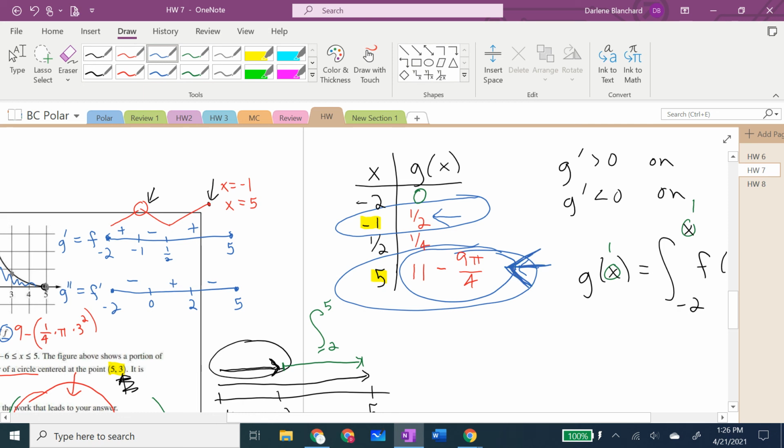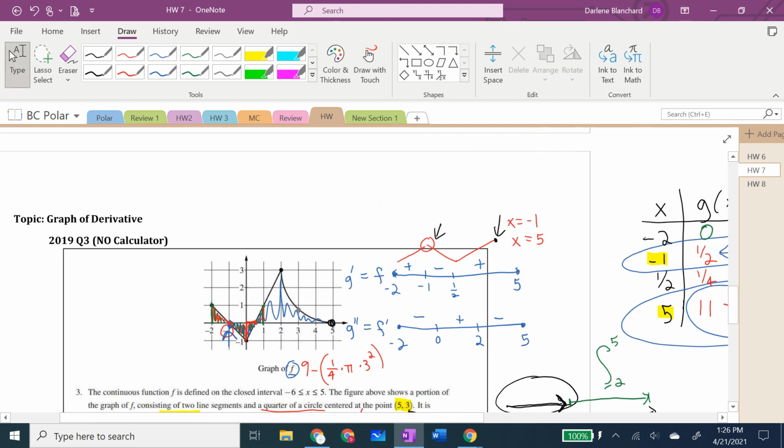Yeah. Did you just say that it has like the greatest value of all the critical values? No, you have to use calculus. You have to explain it through calculus. What you're describing, you could say the integral from -1 to 5 is positive.